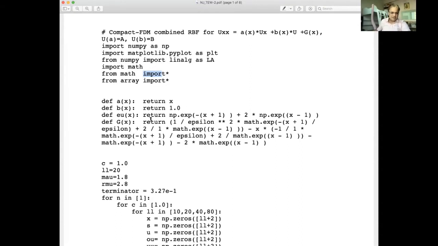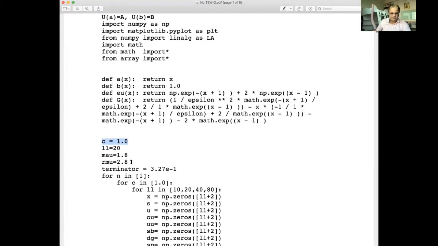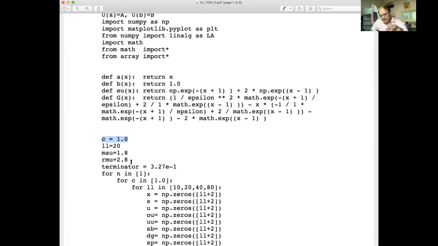Since exact u is given, you can find g(x), which in the programming I have written as uppercase G. Now our radial basis function involves a parameter c, and for that c you have to choose some value. I have taken c equal to 1, and it can be changed at the time of simulation.